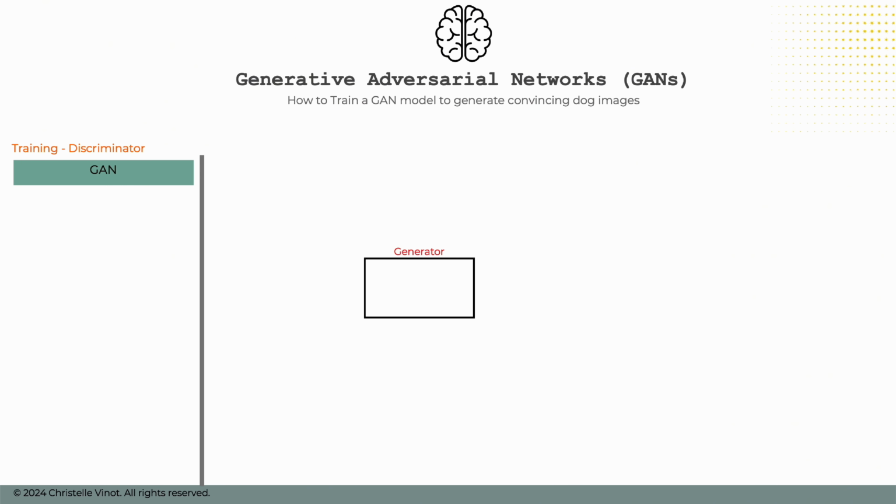The generator. It's also a convolutional neural network, and its job is to generate images that fool the discriminator. When the generator is used for the first time, and in this case it has never been trained, it starts with a completely random input, what we call a random noise vector. If you're not familiar with the concept of vectors, that's okay.